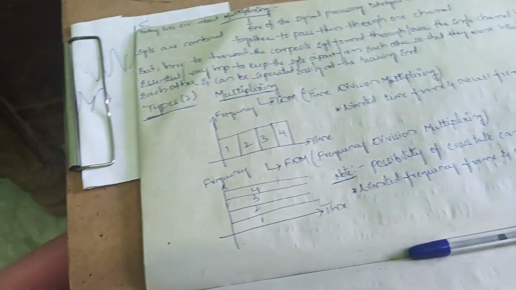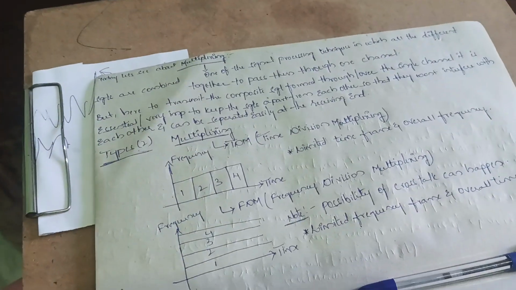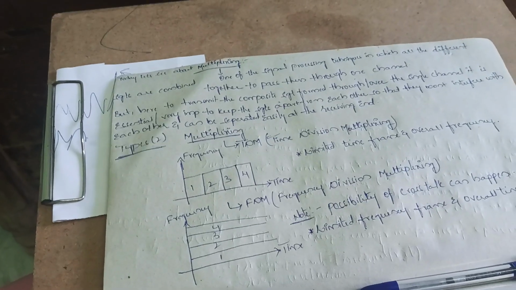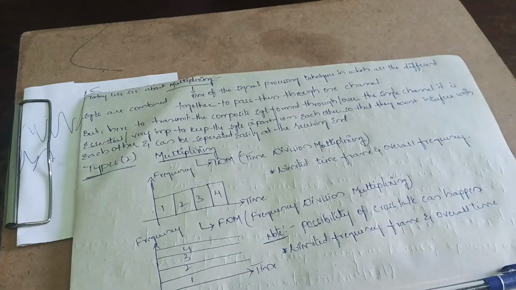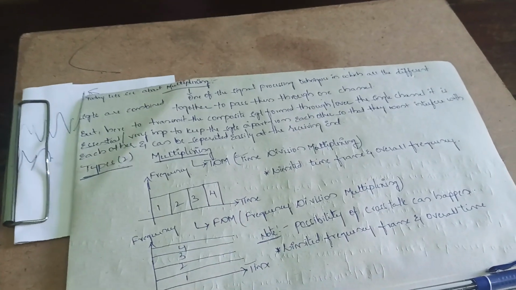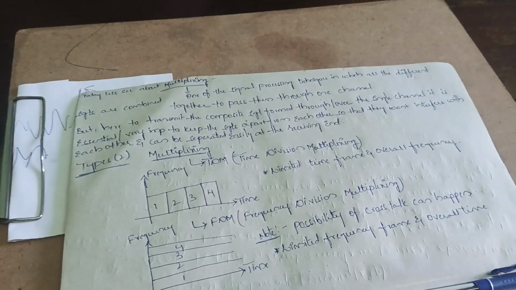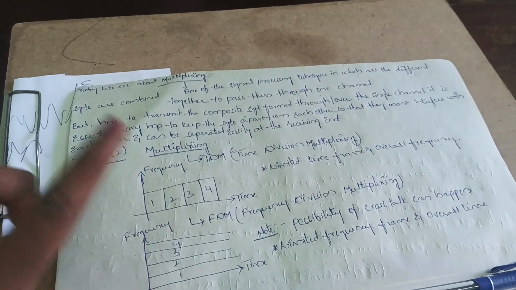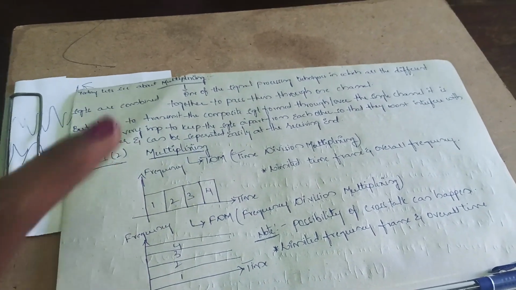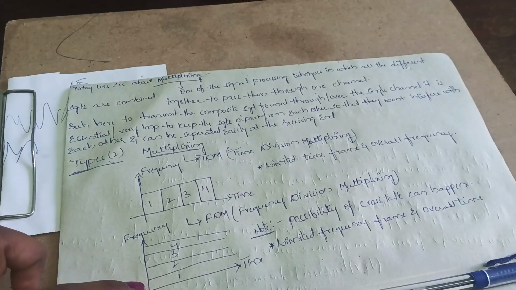And this multiplexing is of two types. We basically work on the signals based upon time and frequency. So multiplexing is divided into two types, that is time division multiplexing and frequency division multiplexing.